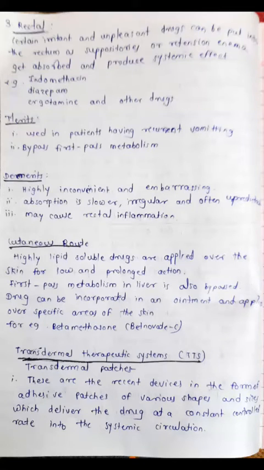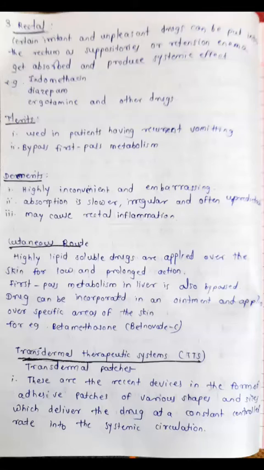Transdermal patches. These are recent devices in the form of adhesive patches of various shapes and sizes which deliver the drug at a constant controlled rate into the systemic circulation. So various shapes and sizes are available.